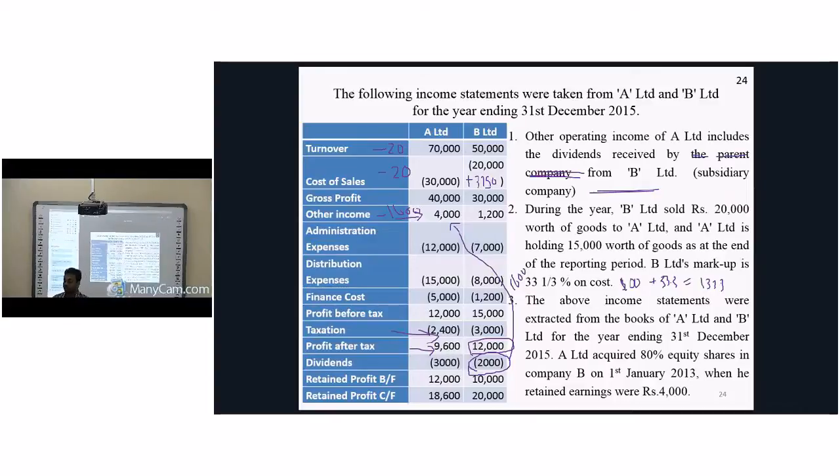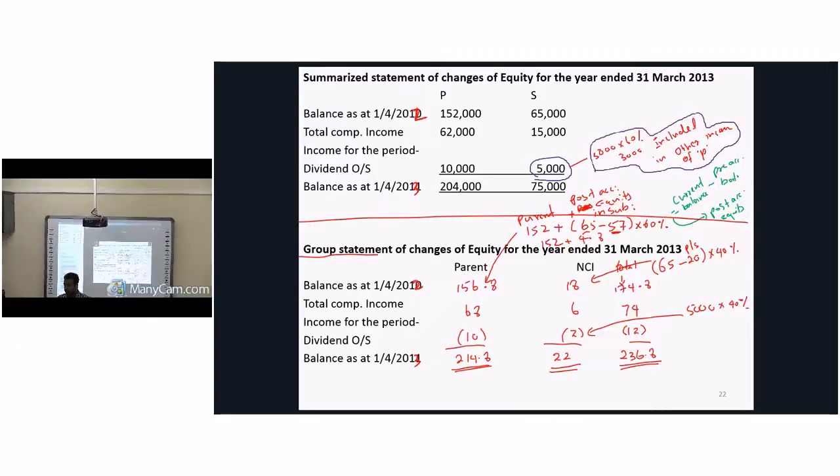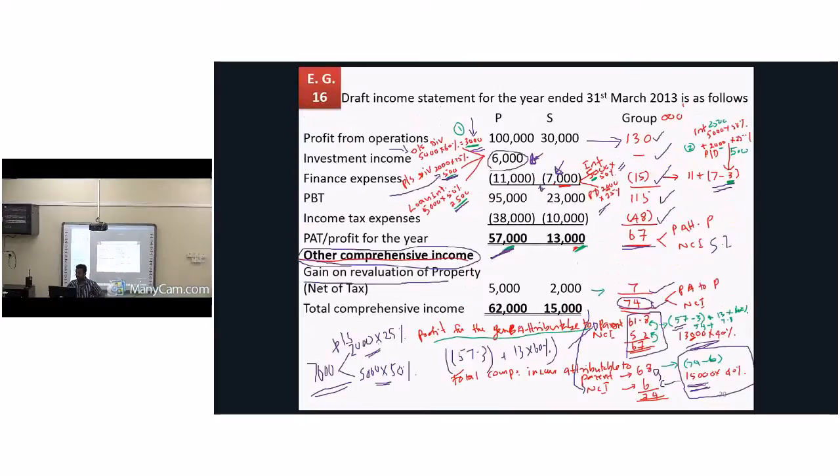As the fourth point, I told you, if there is any intercompany dividend income, it should be eliminated in full. Therefore, from other income we have to subtract, also from dividends we have to subtract. You can remember in this question, we learned three types of intercompany income: preference share dividends, loan interest, and ordinary share dividends. All are intercompany transactions.